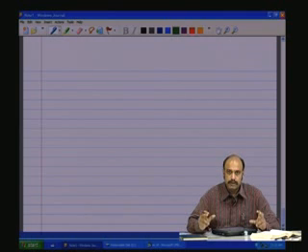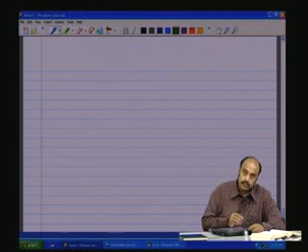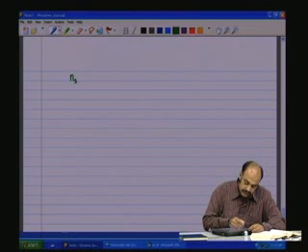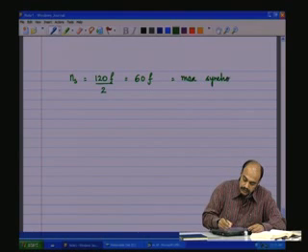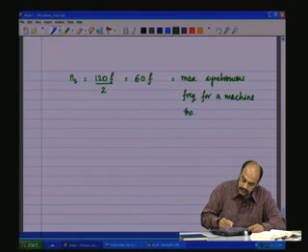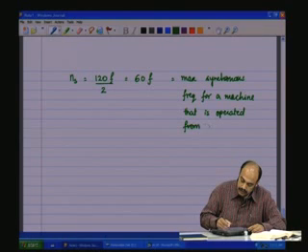If we have just 2 poles per phase, that is the maximum, which means Ns is equal to 120 F by 2, which is 60 F, is the maximum synchronous speed for a machine that is operated or excited from an F Hertz source.